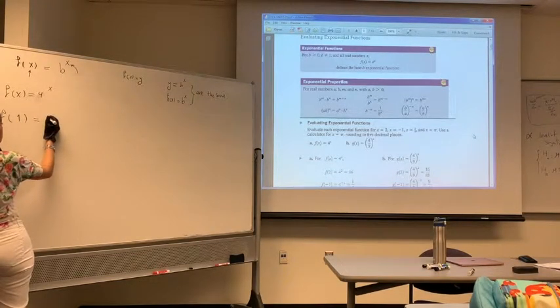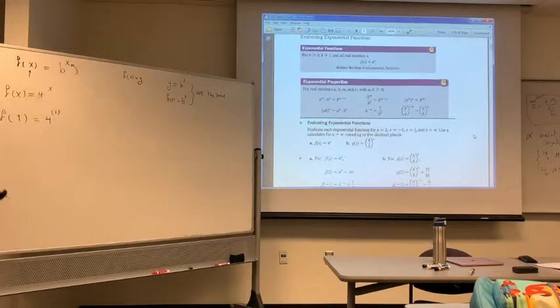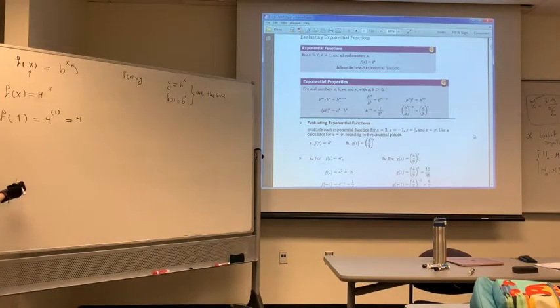What that means is that instead of x, you put 1. So for x, I put 1 here and here. And then 4 power 1 is 4. So you say f of 1 is 4. You have evaluated this function at x equals 1, and the result is 4.